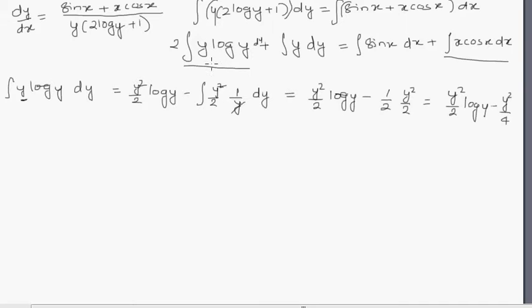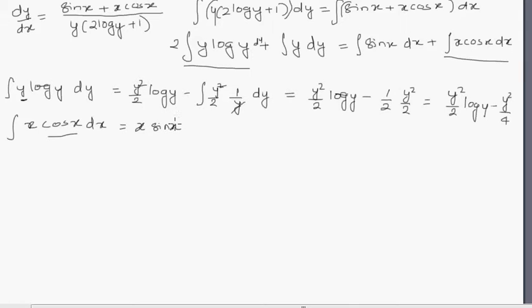Now the other one that requires integration by parts is this part here. So let's do that. Integral x cosine x dx equals: here I'm going to integrate the cosine and leave x as is, and the integral of cosine of x is sine x.